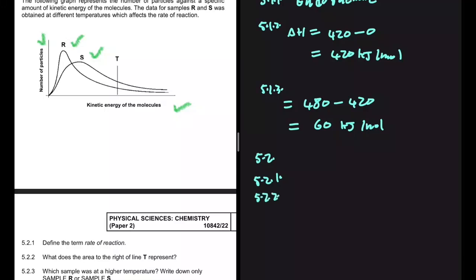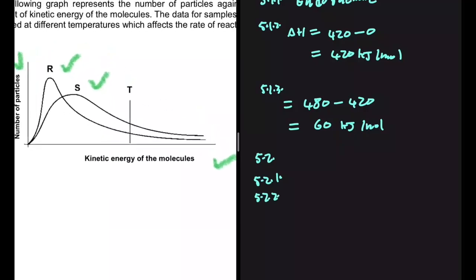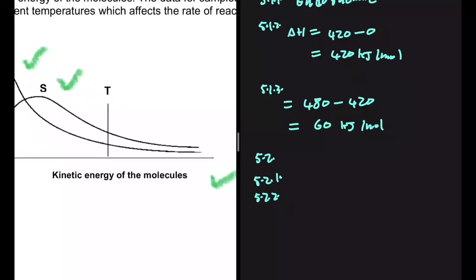5.2.2. What does the area to the right of line T represent? Let's go to our graph and see what we have. We have a line T there. So what does this area to the right of line T represent?